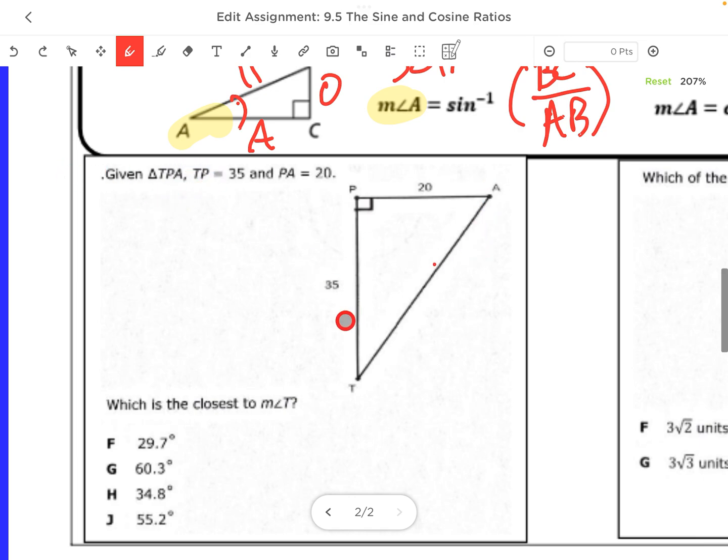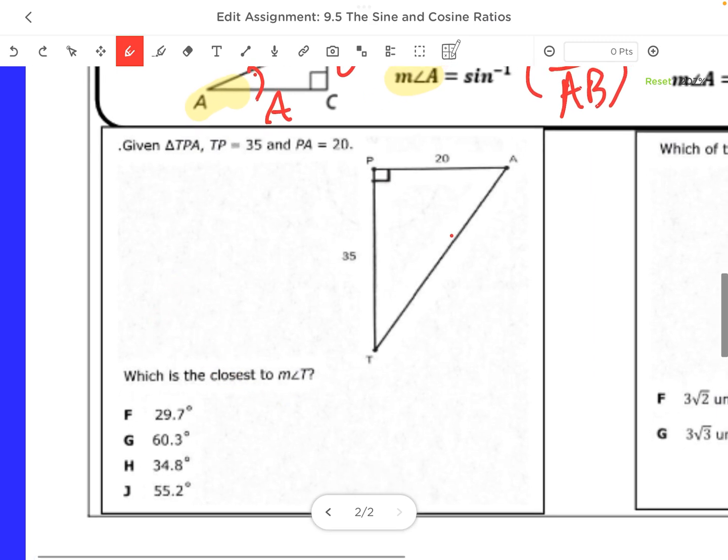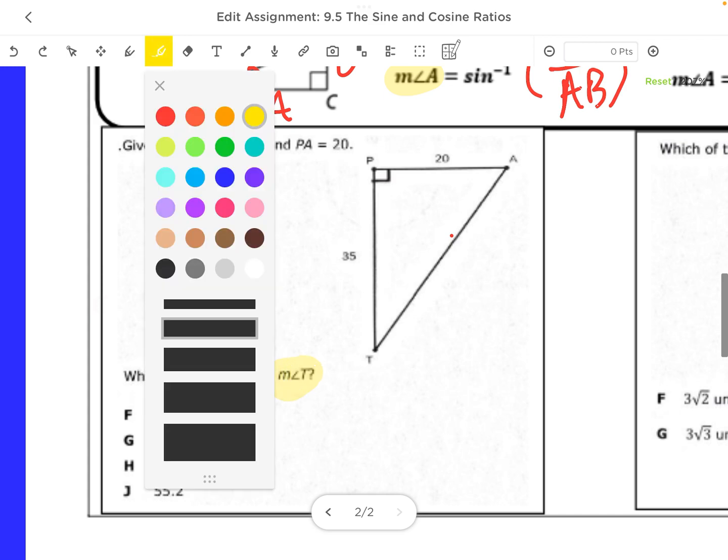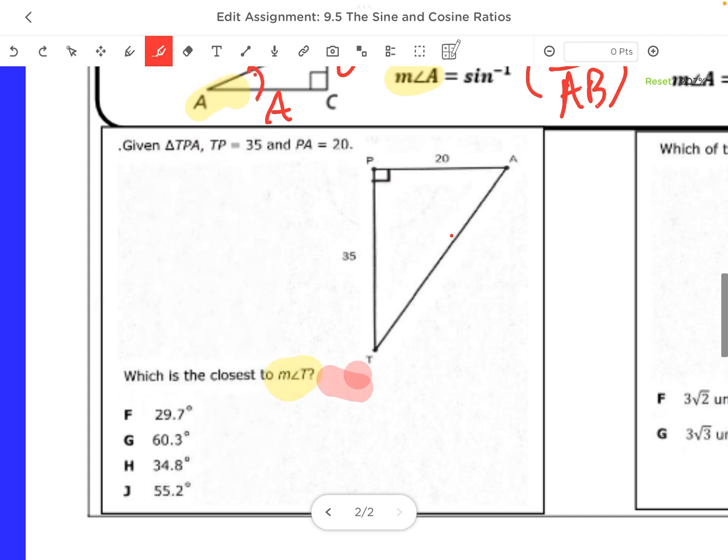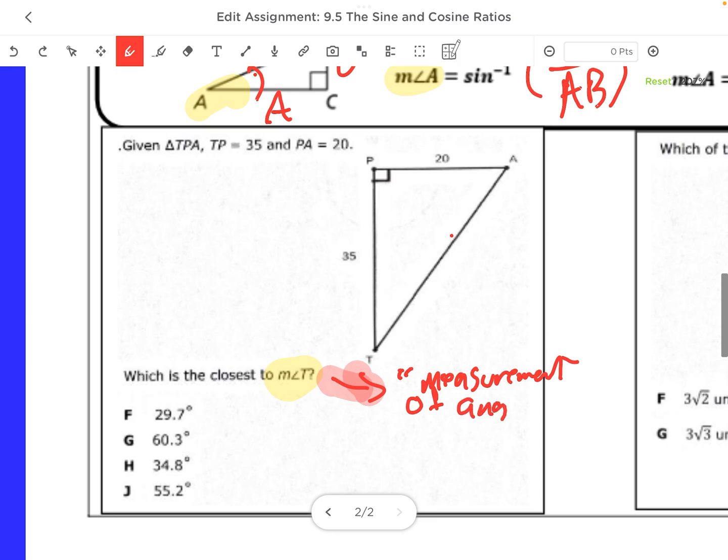Given this triangle, TPA, TP is 35, okay? PA is 20. What's the closest to the measurement of angle T? That's what that's saying.